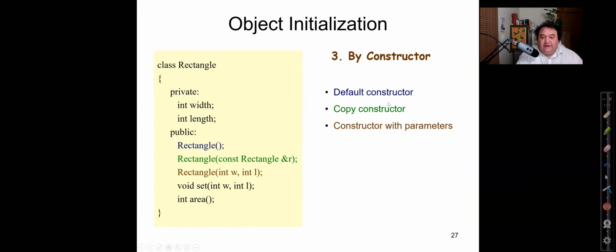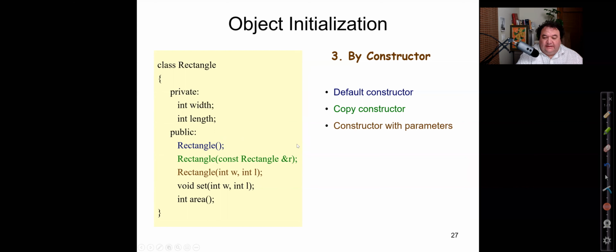So constructors are particular methods that are meant to initialize the content of the object at creation, so there is no gap in time between creating the object and making sure it's in a proper state. The default constructor is the constructor with just open-close parentheses, and by default it doesn't do anything.